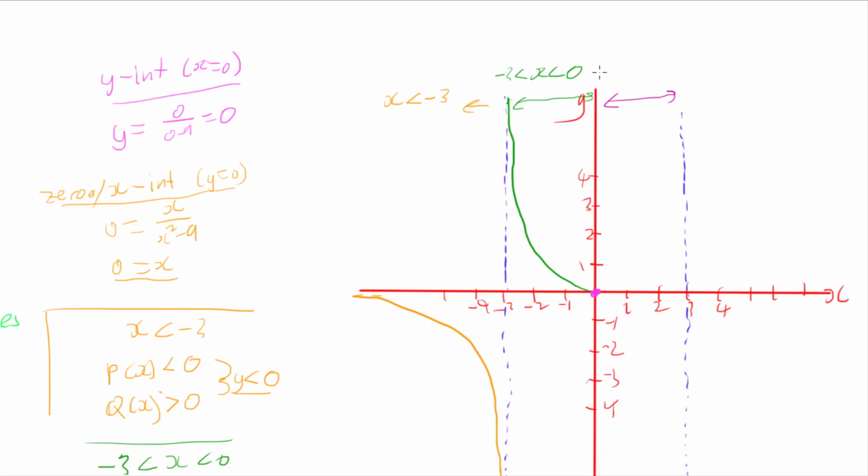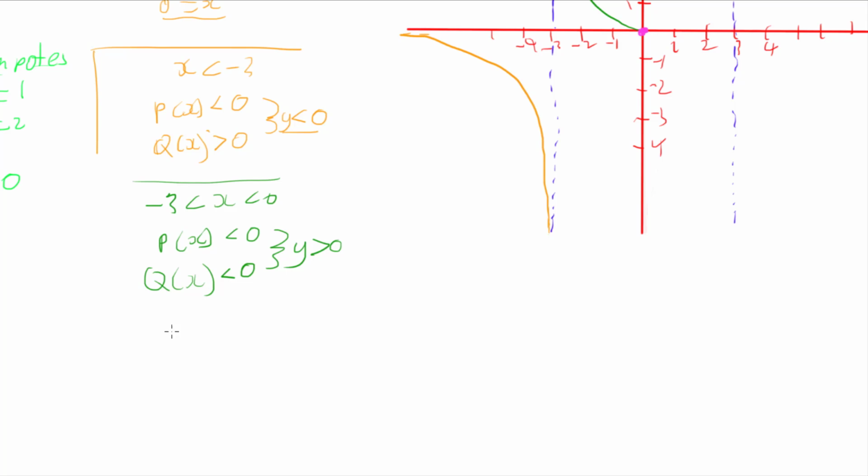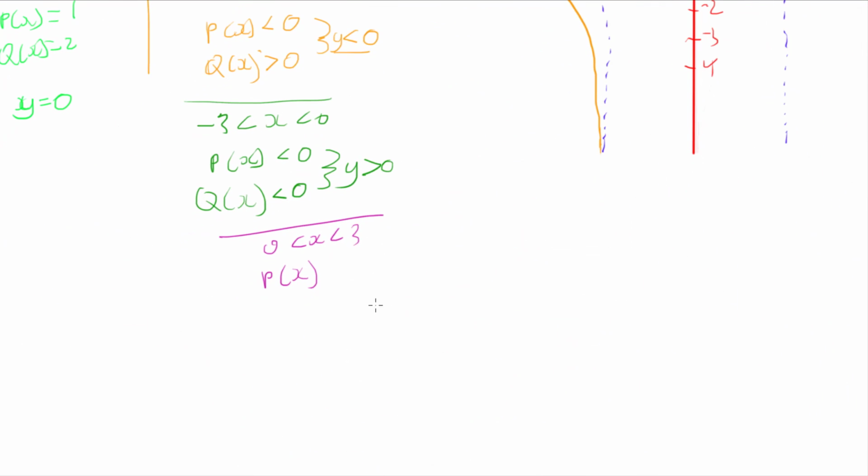So this is this gap from my 0 to my next asymptote. So between 0 and +3. So having a look at that, when we are between 0 and +3, my p of x, well, that's just x, which means that because I'm a positive number, it's positive.